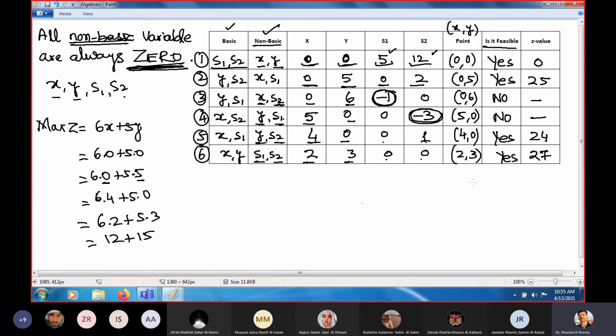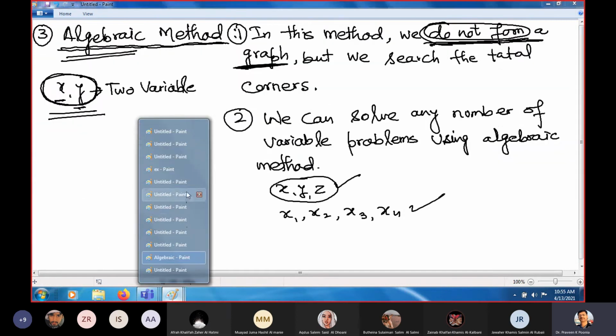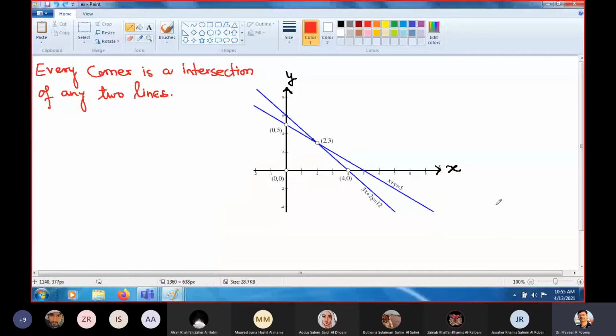So dear friends, if you can see how many feasible corners we are having: 1, 2, 3 and 4. Only 4 feasible corners. And you can see in this question, how many feasible corners we had? 1, 2, 3 and 4. This corner and this corner are not feasible corners.